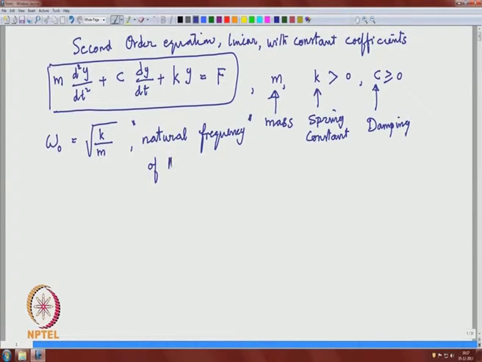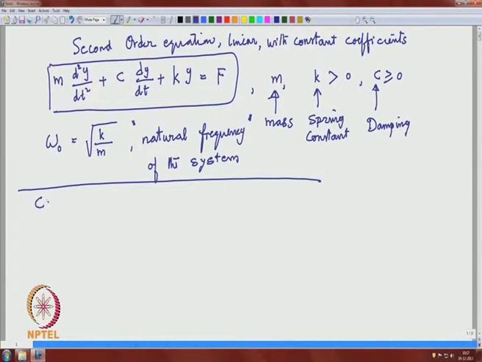When you develop a mechanical system, it has a natural frequency. So we will introduce more and more notions. I am going to analyze it case by case.